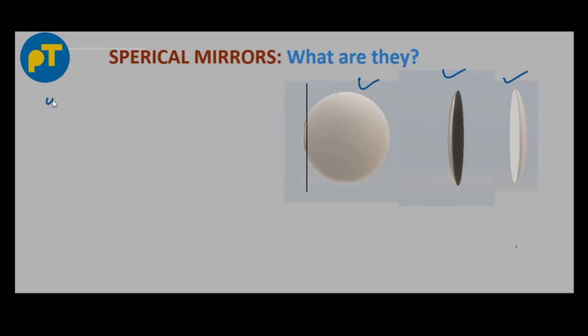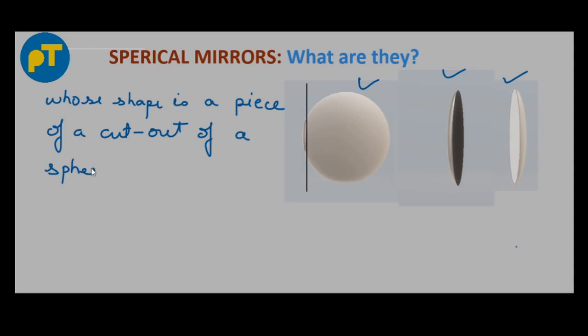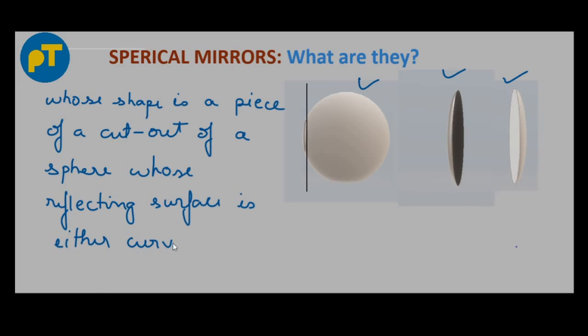A spherical mirror is a mirror whose shape is a piece cut out of a sphere, whose reflecting surface is either curved inwards or outwards.